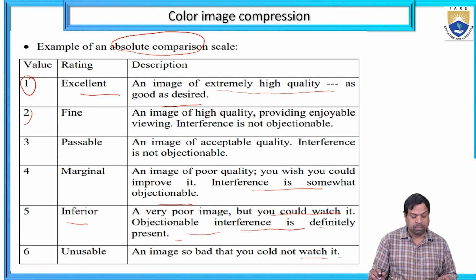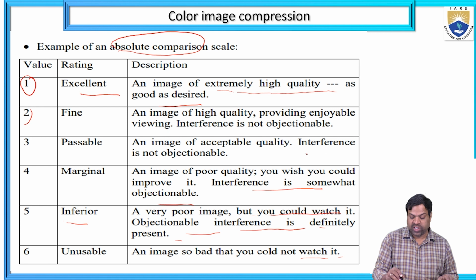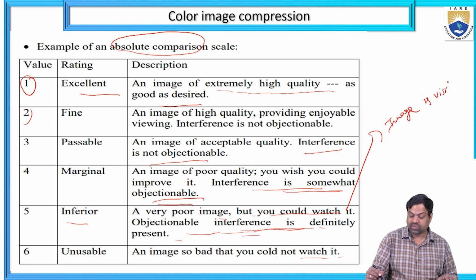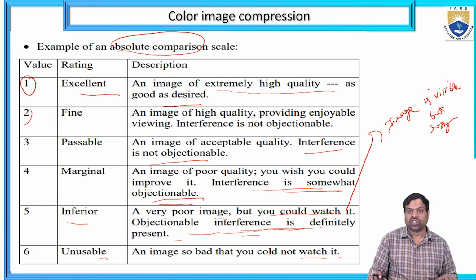A value of 3 means passable: an image of acceptable quality that we could improve, and interference is somewhat objectionable, meaning some error is occurring. Inferior: a very poor image, but you could watch it, interference is definitely present. The image is visible, but lossy. Unusable: an image so bad that you could not watch it.